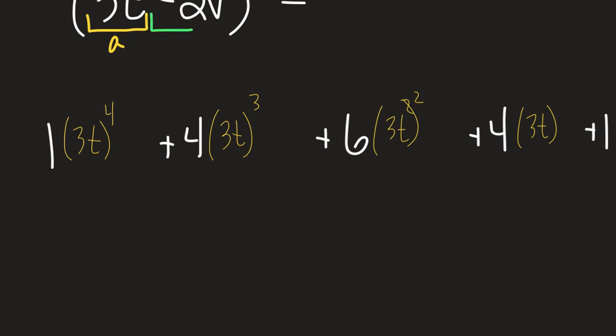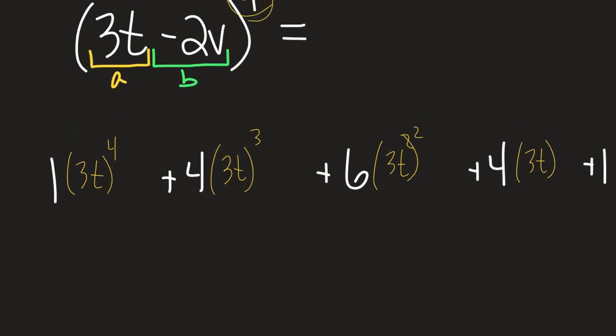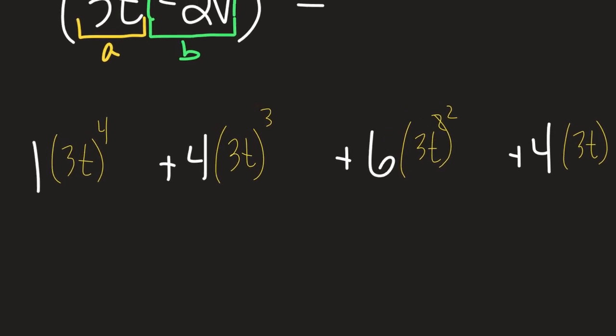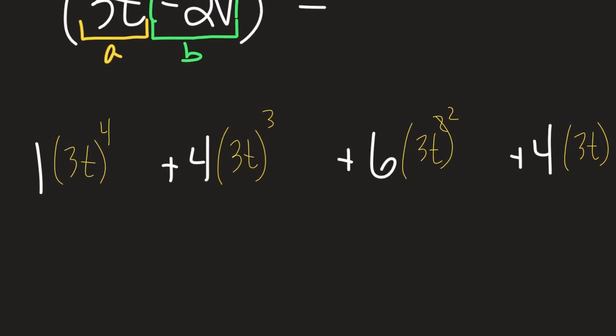So now we're going to expand our b values. Now the b value includes the -2. So we take the whole entire thing with us when we're doing our b expansion. So there's nothing here, right, because this is to the 0 power. So we don't include anything in the first term. So our second term is multiplied by -2v.